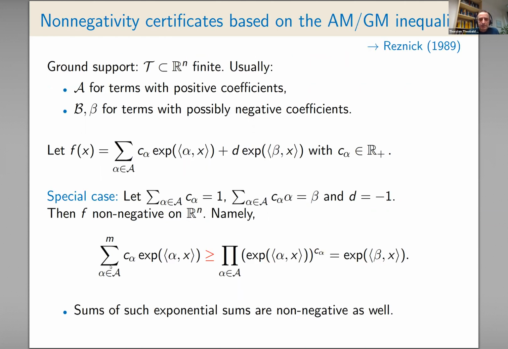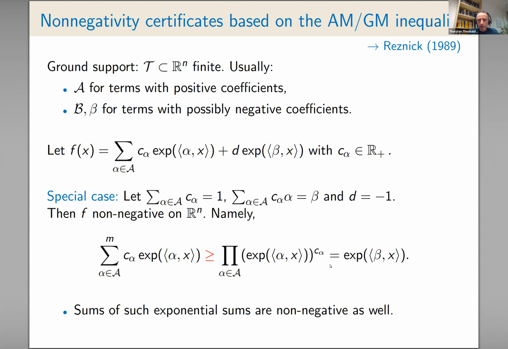And in order to see this, we look at all the positive terms. And then we can use the arithmetic geometric mean inequality, more precisely a weighted version of this inequality. And this gives us this larger than or equal sign. And if we use the precondition, then we obtain on the right-hand side exactly the absolute value of the negative term. And therefore, we see that the signomial in this situation is non-negative.